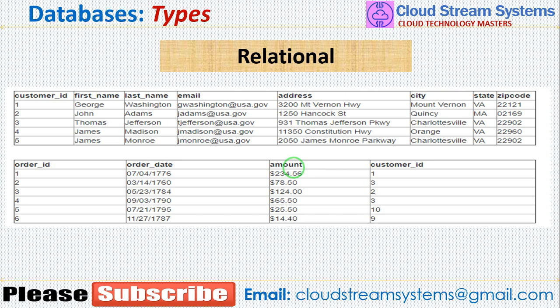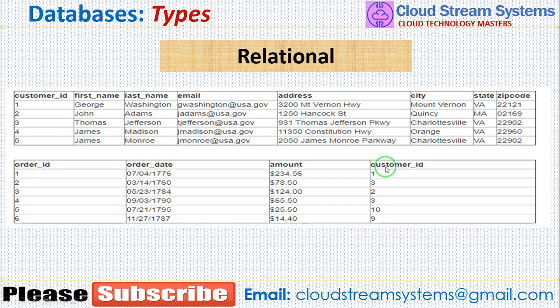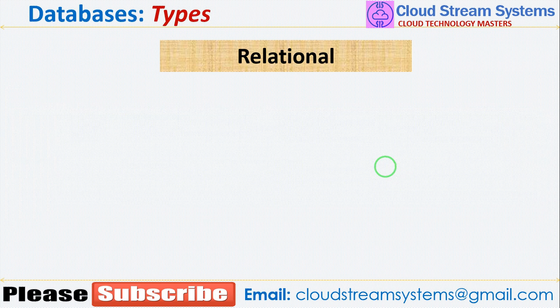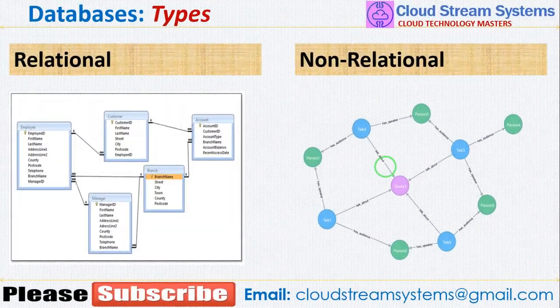Meaning we should maintain some relation. You see customer ID over here, customer ID over here and here also, right? So we will be maintaining some relation between those tables, through a primary key or foreign key. That is the reason these are considered relational databases.